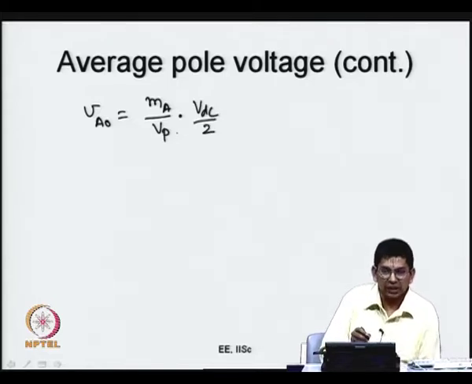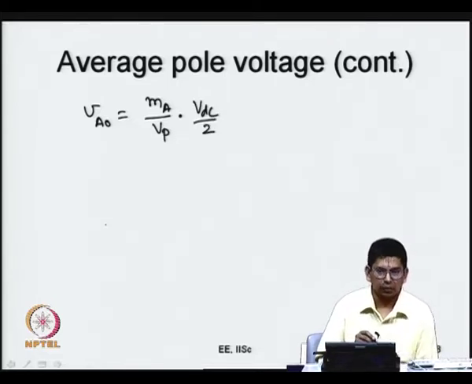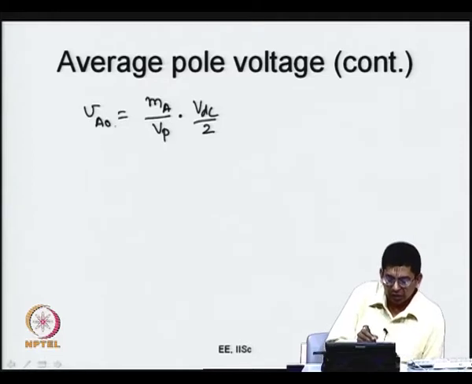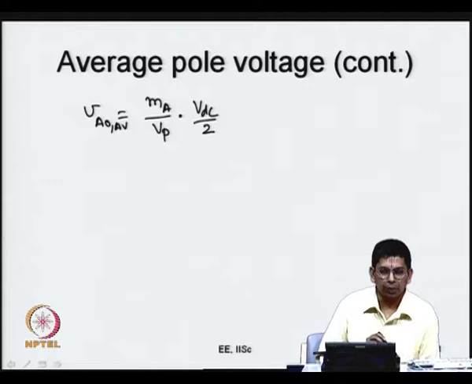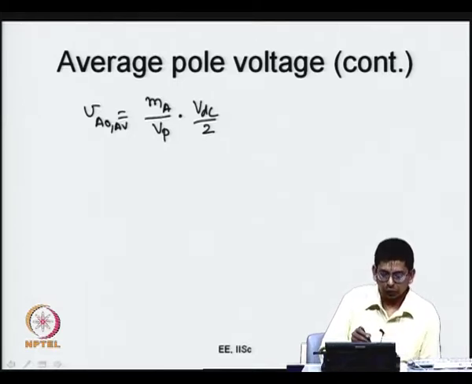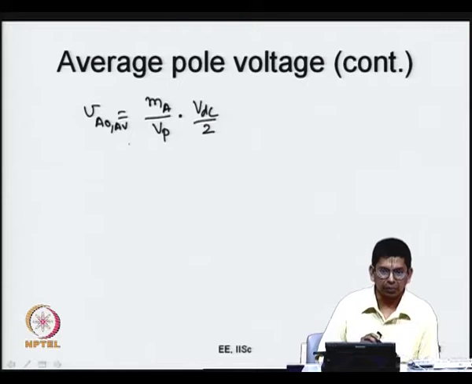My MA can go as high as Vp, not beyond that. That would be called over modulation, and it will just get clipped to Vp in any case. So, the maximum value of the average pole voltage can only be up to plus VDC by 2. The minimum voltage can be minus VDC by 2. So, the maximum amplitude it can take is VDC by 2. So, VAO average can be VDC by 2 sin omega t if you wish.